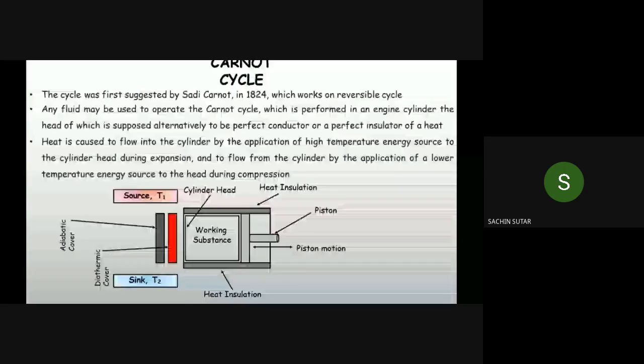It is made of reversible processes. Whatever processes are happening in the universe, very rare processes are reversible. Otherwise, all processes in the universe are irreversible processes.